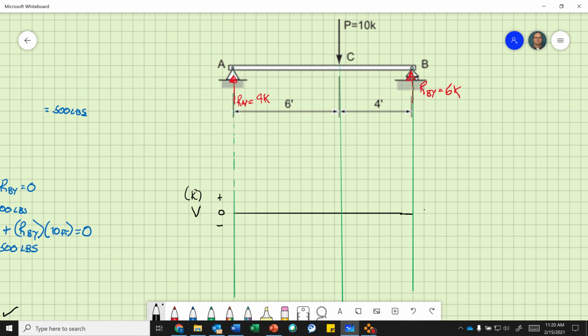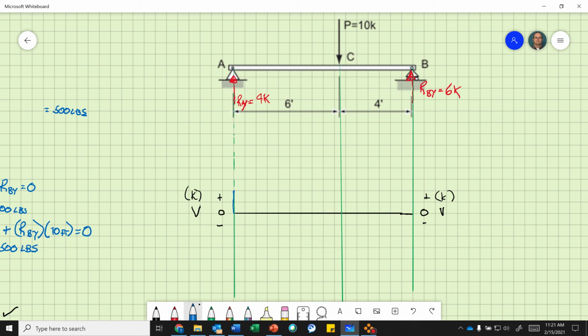All right, so this is 0. This is the positive side, this is the negative side. This is shear again. This is kips. All right, so RAY, boy, that's a horrible Y. That's a Y there, by the way, equals 4 kips. Okay, so 2, 4. Okay, draw my line.